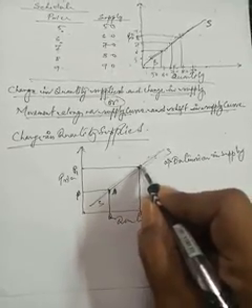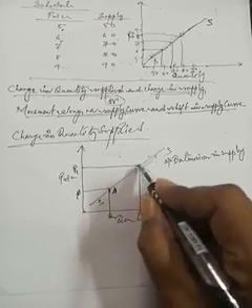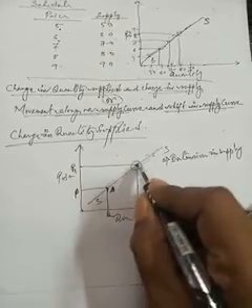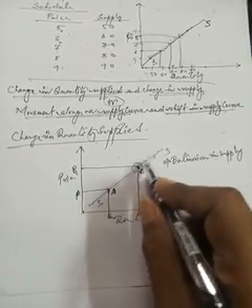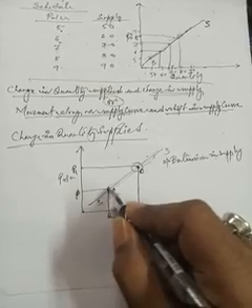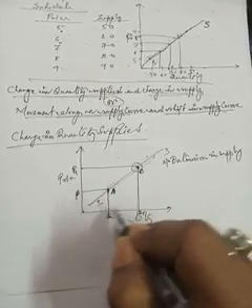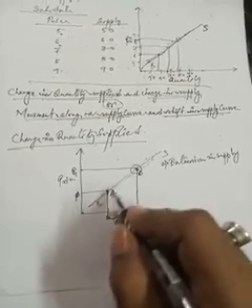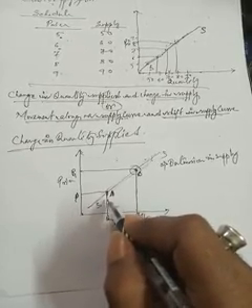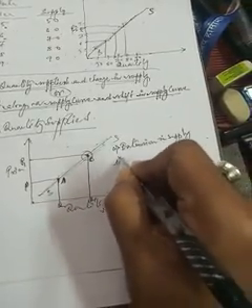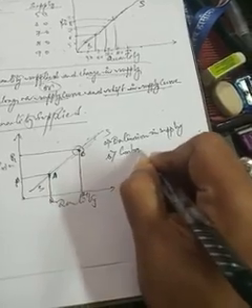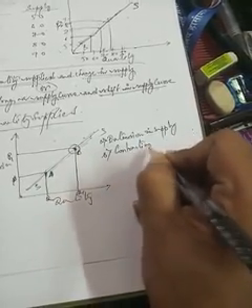Suppose first I am at point B. At point B, price is P1, quantity is Q1. Now when you move along the supply curve downward and come to A, then price falls, supply falls. This is called contraction in supply.